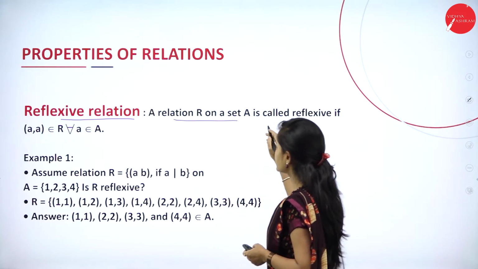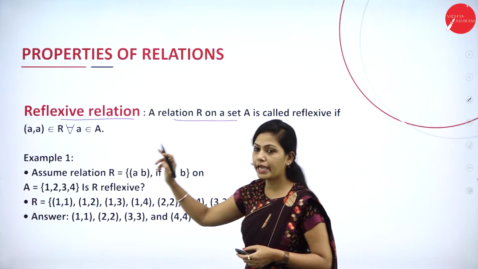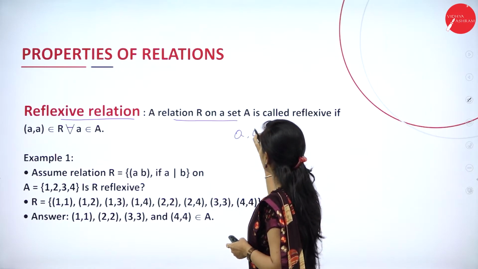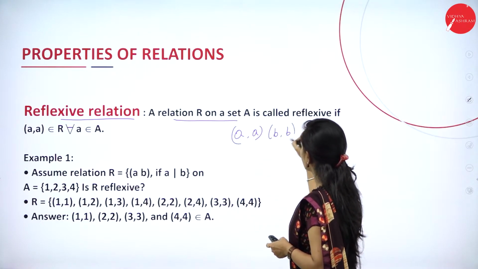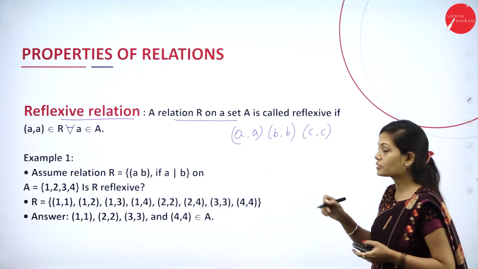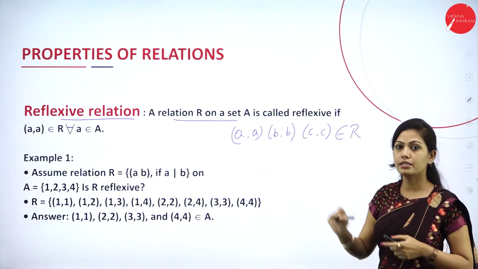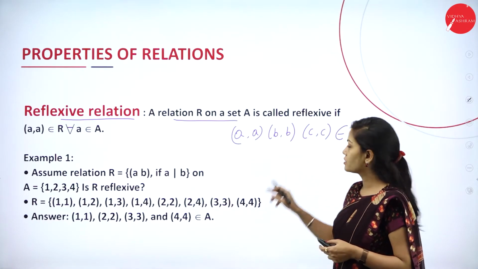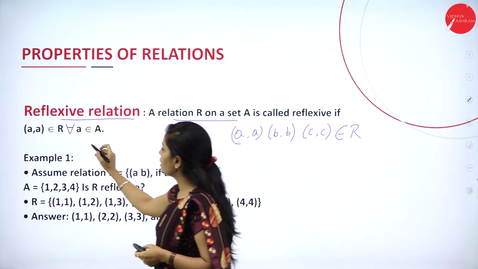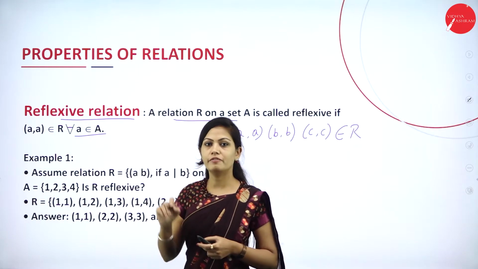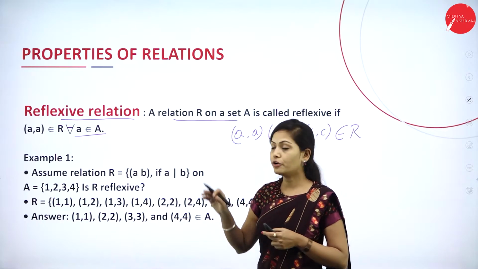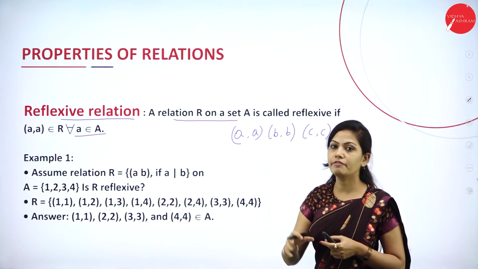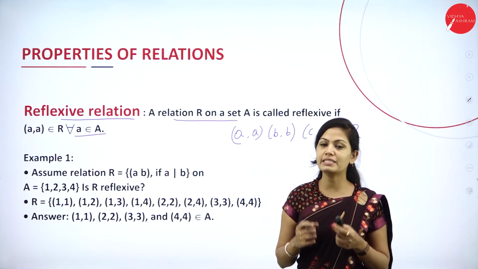A relation R on set A is called reflexive if (a, a) belongs to R for all a belongs to set A. If your relation satisfies (a, a), (b, b), (c, c), (d, d), etc. belonging to relation R, then we can call it a reflexive relation. It is very simple, right?